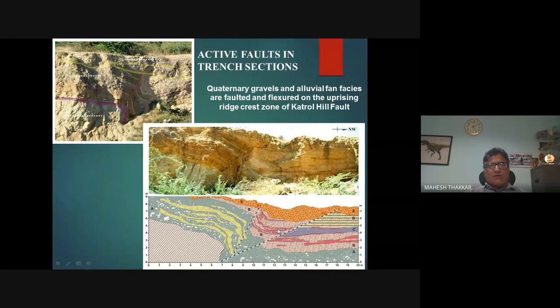So this is a very confirming evidence of the neotectonics and the nature of the Control Hill faults in the later phase in the quaternary period, which is one of the best examples in western part of India.